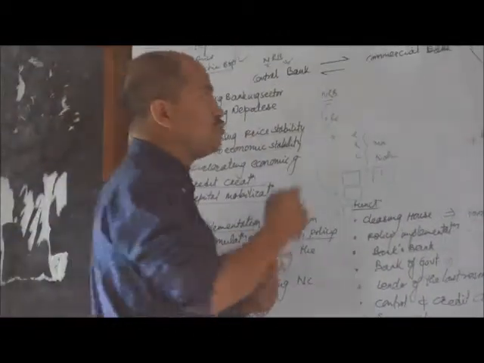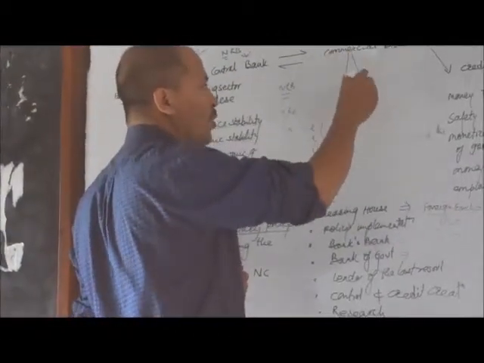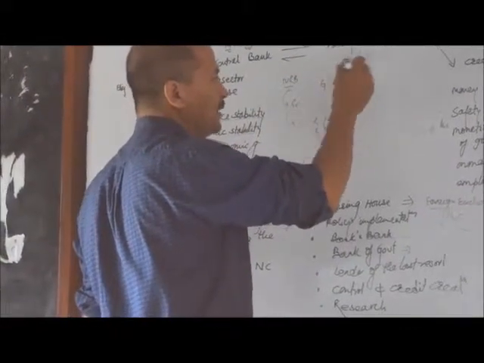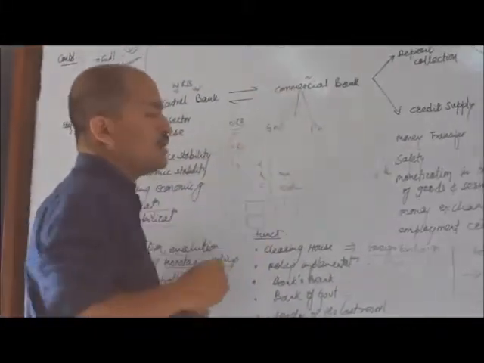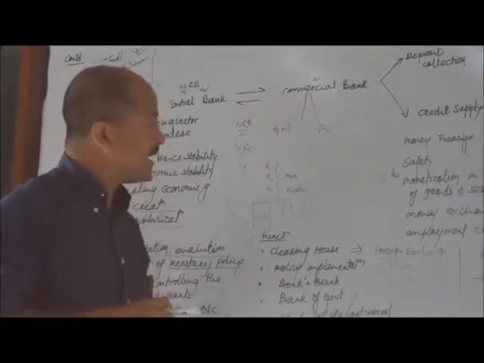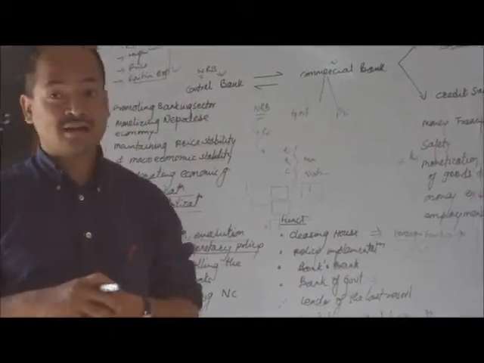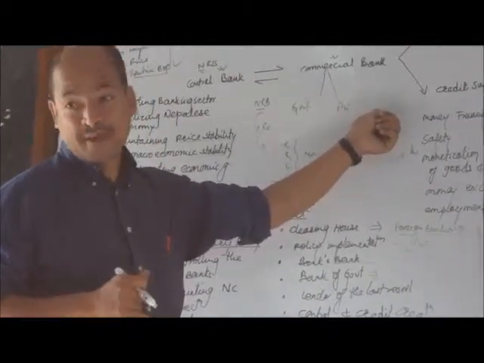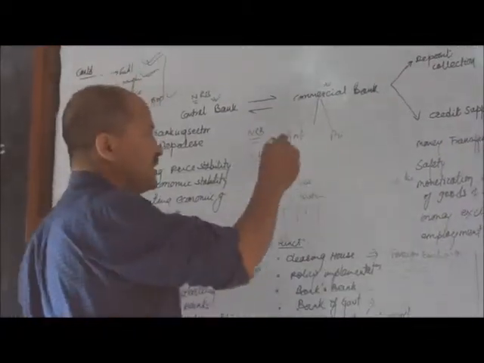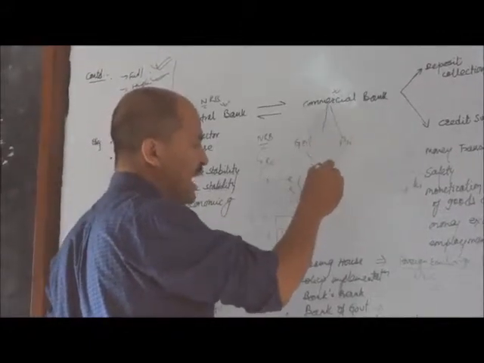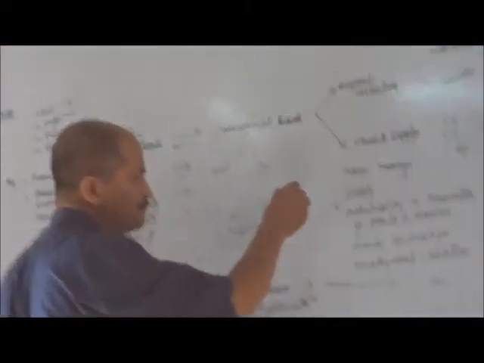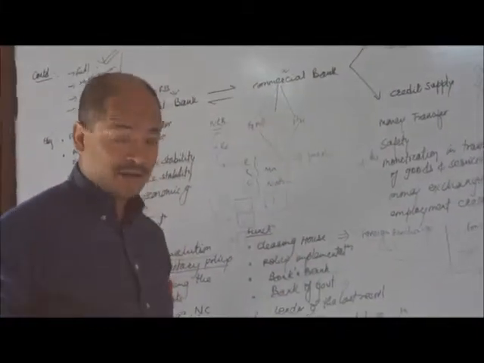And there are two types of commercial banks. One is government-led, another is private-led. Before 1990, we had government-led banks, and after 1990, we have many private-led banks. Its major concern is to provide services and also to be profit oriented. These are the commercial banks.